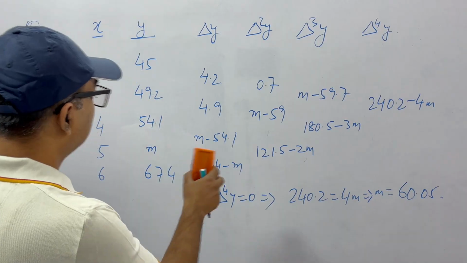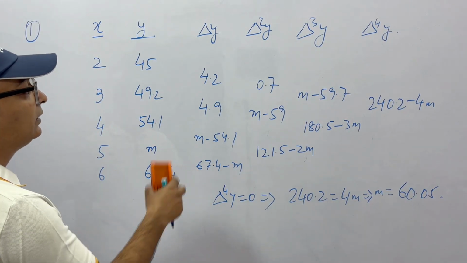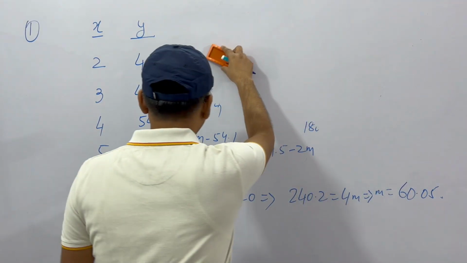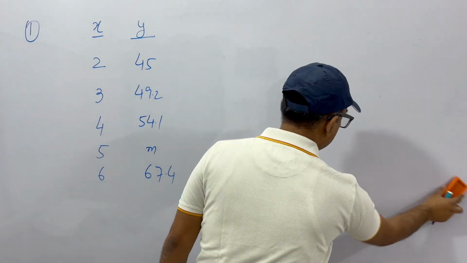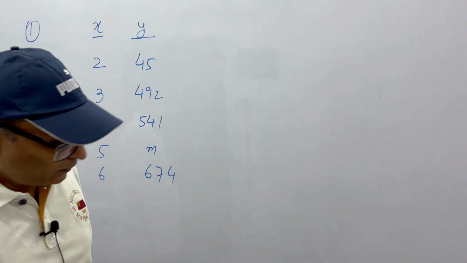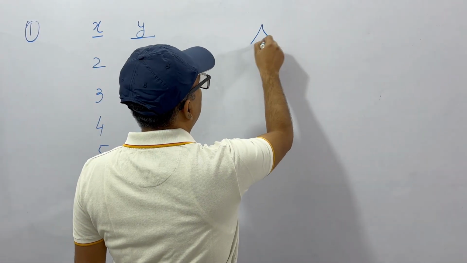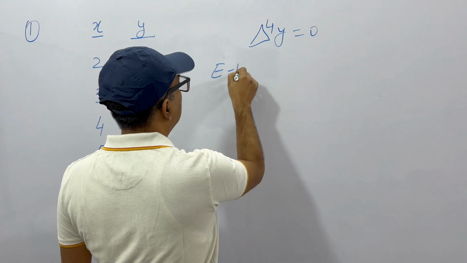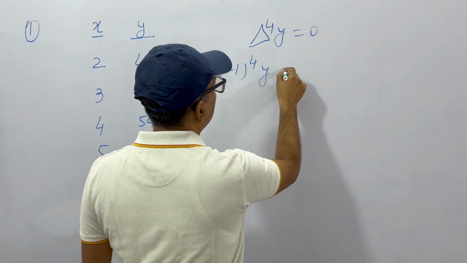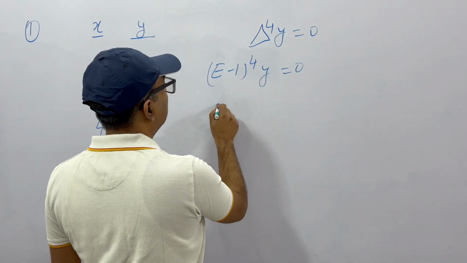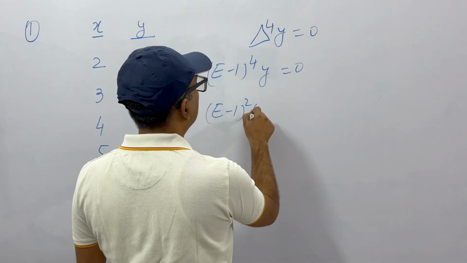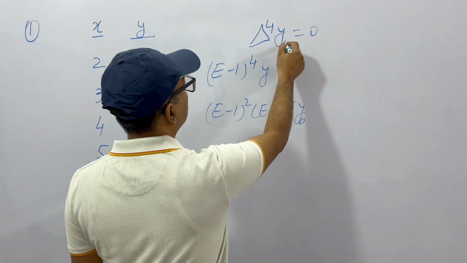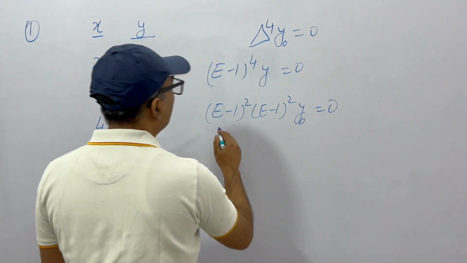Now we'll solve the same question by the second method. Let's see how. We know delta 4 of y is equal to 0. What is this? This is E minus 1 to the power 4 of y equal to 0. This is E minus 1 square into E minus 1 square of y0 equal to 0.